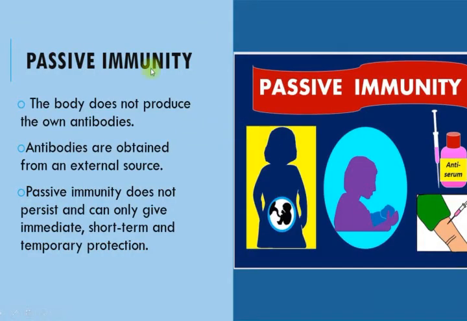Next we go to passive immunity. Passive immunity refers to the body receiving antibodies from an external source. The body does not produce its own antibodies. Passive immunity does not persist and can only give immediate, short-term, and temporary protection.